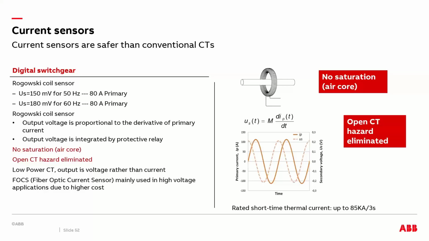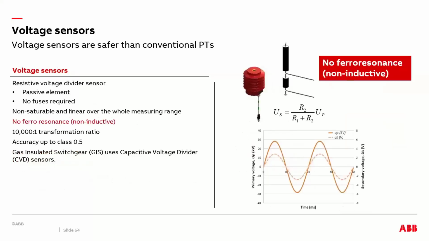There is no open CT hazard, and this makes it much easier to use. We also have fiber optic current sensors, which are used mainly in high voltage applications because they're more costly. Voltage sensors work on the principle of a resistive voltage divider. There is no ferroresonance as it's non-inductive. Capacitive voltage dividers are used for high voltage applications, again, with a similar principle.